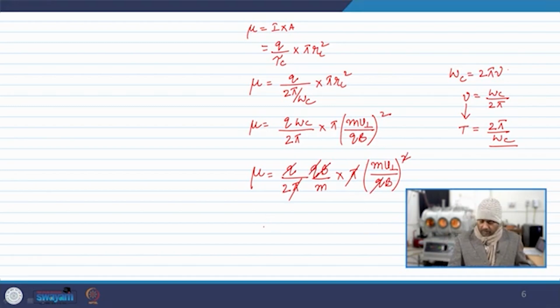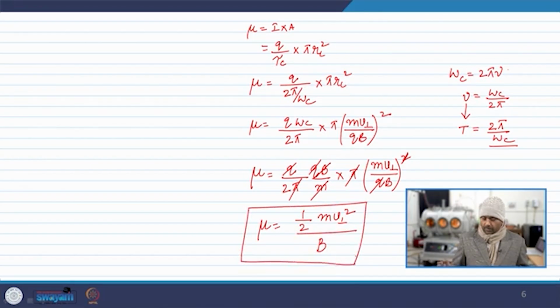So, after cancelling out all that, we will have half, m v perpendicular square by B remaining.